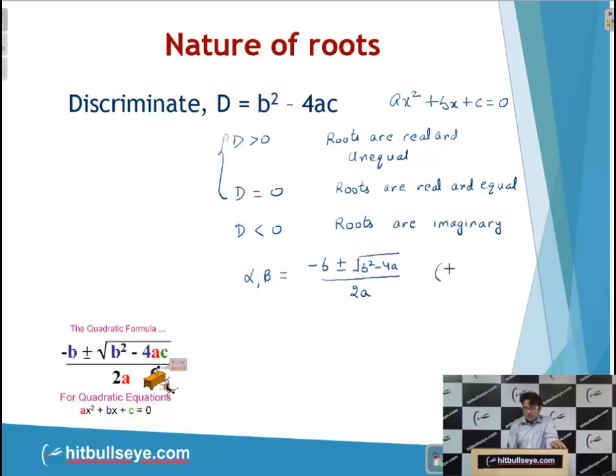The case when d is greater than 0, and alpha is equal to minus b by 2a is the case when d is equal to 0. I hope students this method of taking out the solutions is also clear to you.